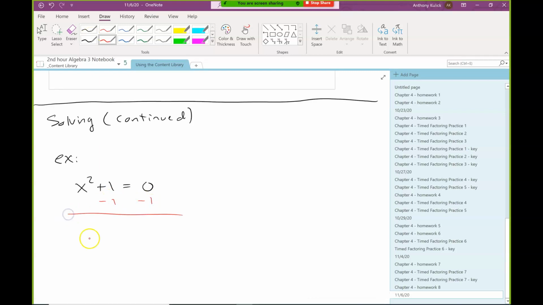And then we'll take the square root of both sides. Because we took the square root of both sides, we create a plus or minus. But does anybody see anything funny going on with what we've just written down here? Yeah, we're taking the square root of a negative number. Is that a problem? Yeah, so right.